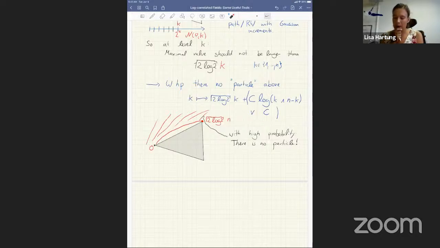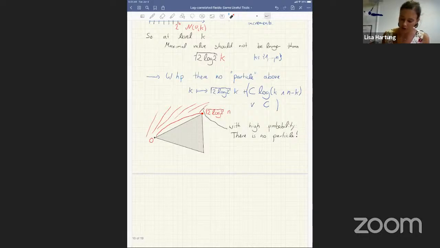Because imagine you have a particle, or you have a value, at time n.